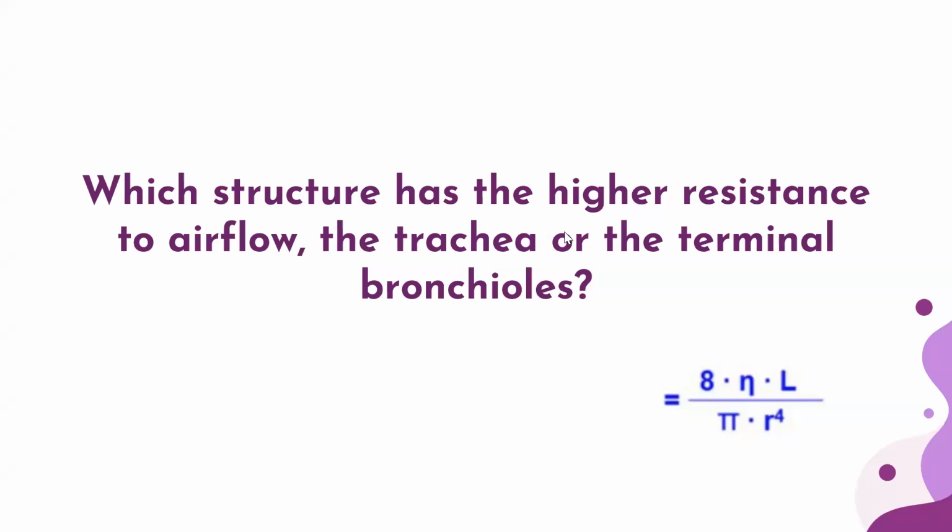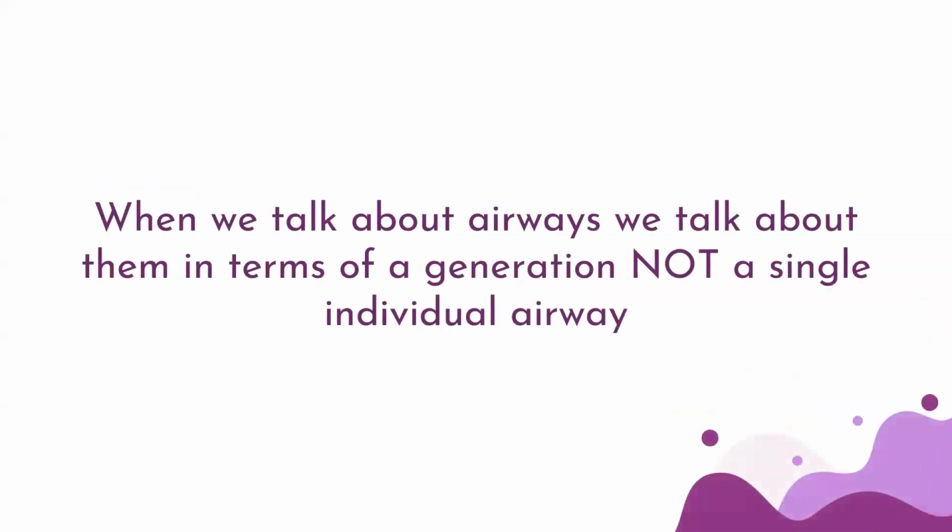Okay, I think I realized my mistake. I meant to make this lower resistance, okay? But don't look at this question. Just in general, if you understand the concept of generations, you don't look at individual airways, you look at terms of generation. So if you're trying to determine if the resistance is going to be less, you don't look at a single individual airway.